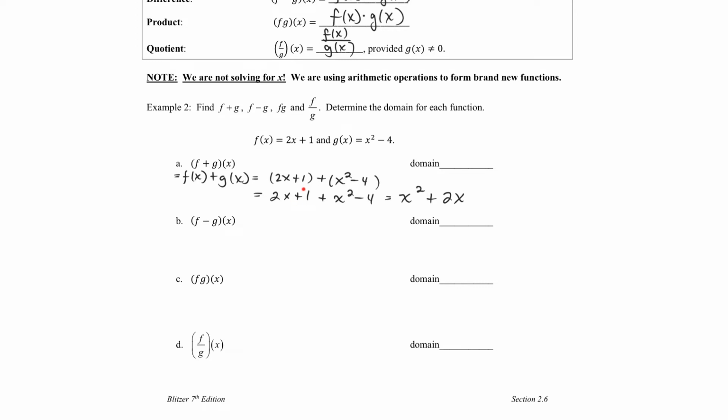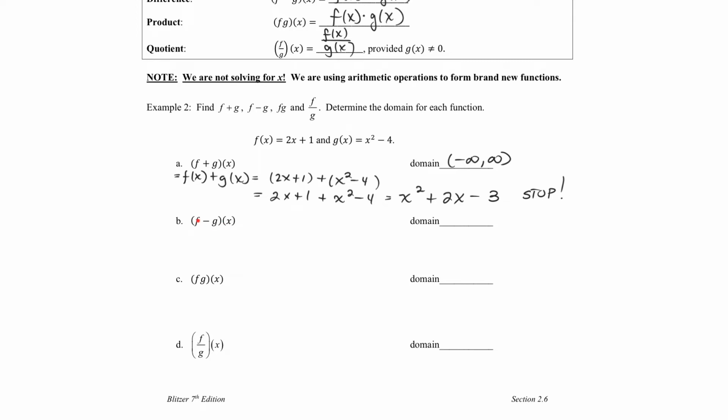And then I have 1 minus 4, which is negative 3. So f plus g of x is the new function, x squared plus 2x plus 3. And we are going to stop because we are not solving anything. We're just finding a new function. Now, because this is a polynomial, the domain is going to be all real numbers. There are no radicals, there are no variables in the denominator.